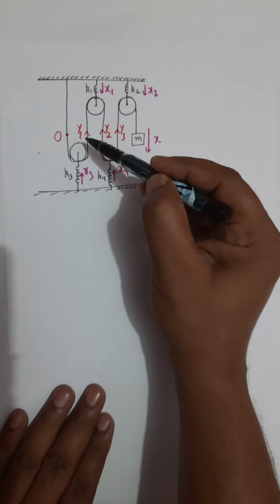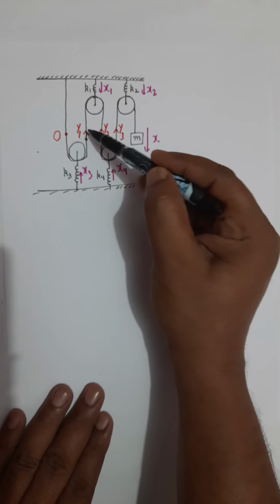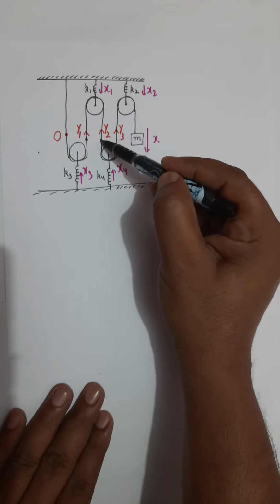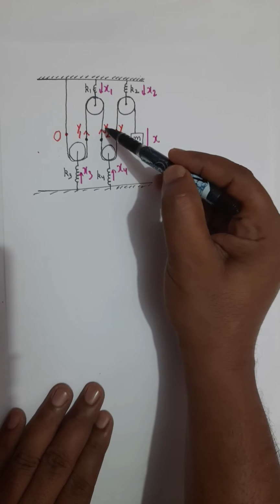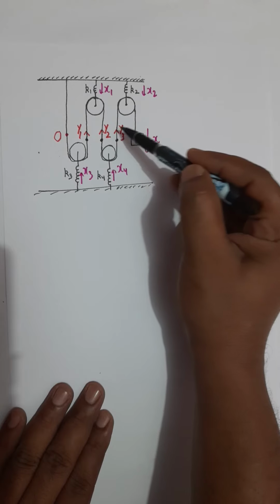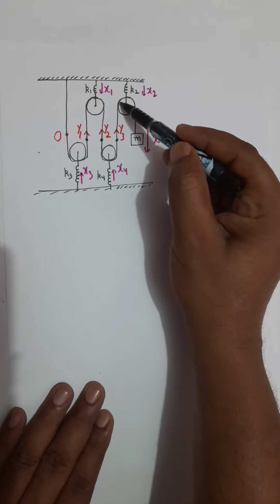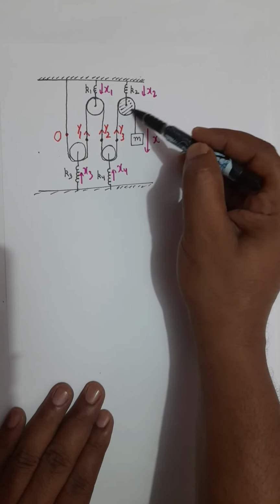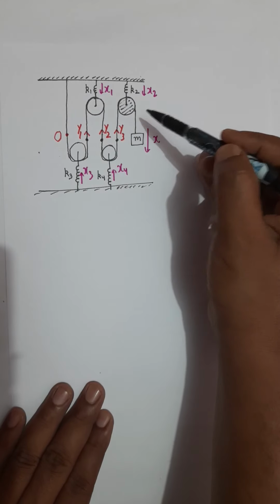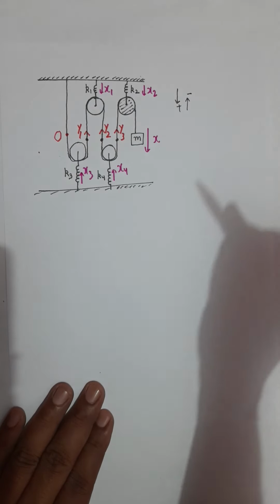I repeat, I assume any point of this string will go up by y1 distance, any point on this string will go up by y2 distance, and any point on this string will go up by y3 distance. That's my assumption. Now I will follow the constraint concepts for this pulley, and I will assume that downward direction is plus and upward direction is negative.